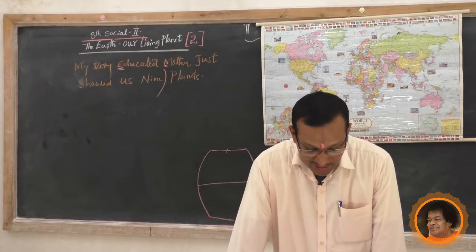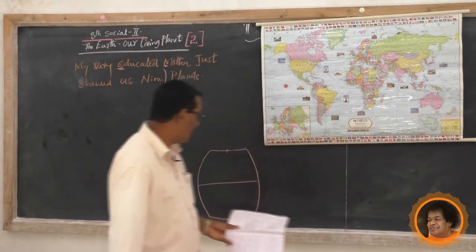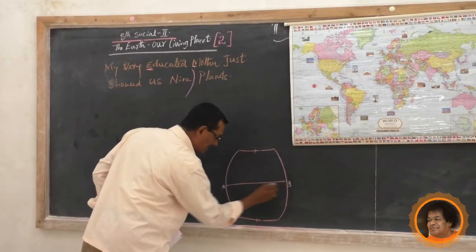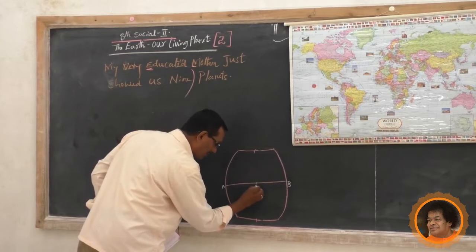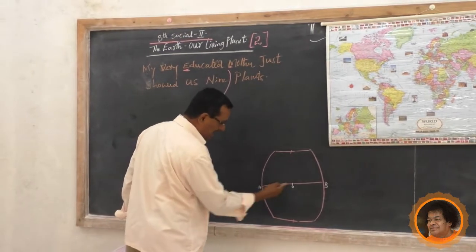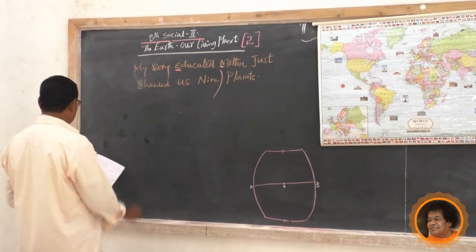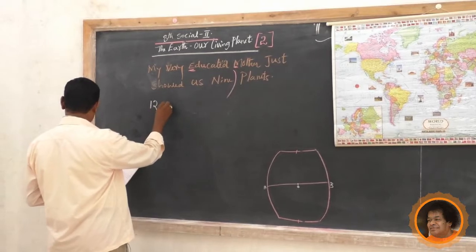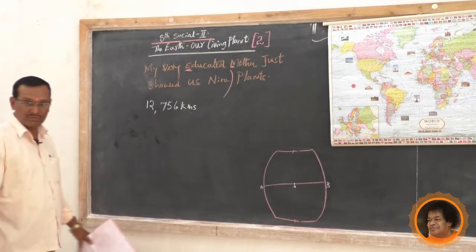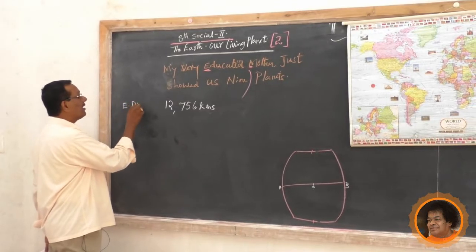The equatorial diameter of the Earth means AB, where O is the center point. Equatorial diameter means AOB. How much? It is 12,756 kilometers. This is the equatorial diameter.